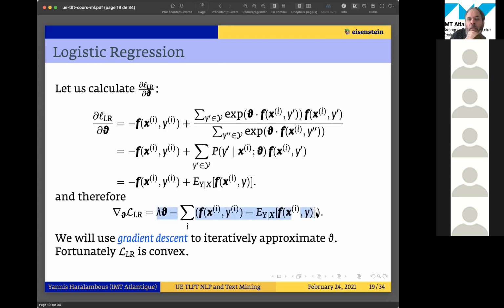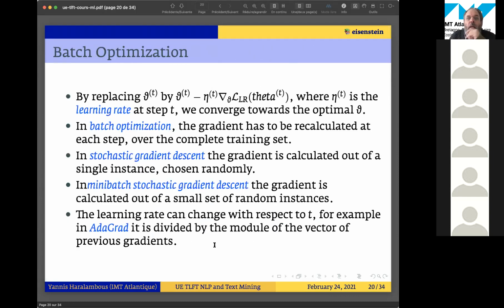How do we calculate theta in this case? Here you have no theta, but here there is a theta hidden in the calculation of the expectation, because this expectation is with respect to parameter theta. Okay, so how do we calculate the best possible theta? We use gradient descent. What is gradient descent? It's an iterative process.